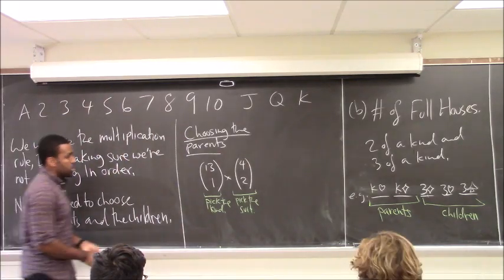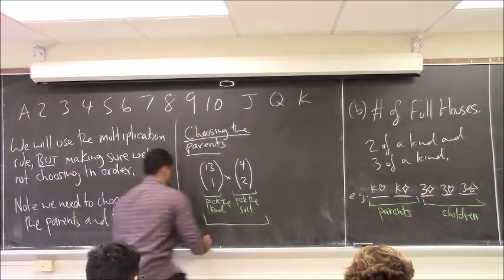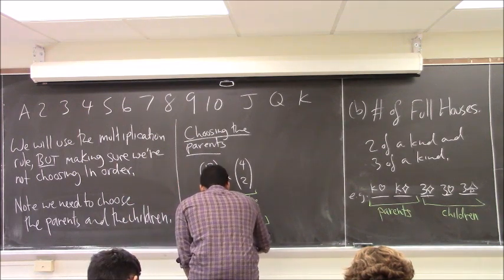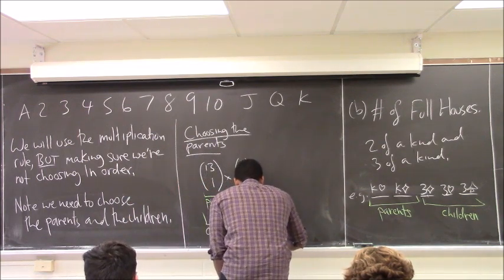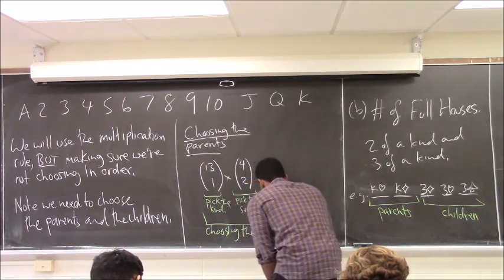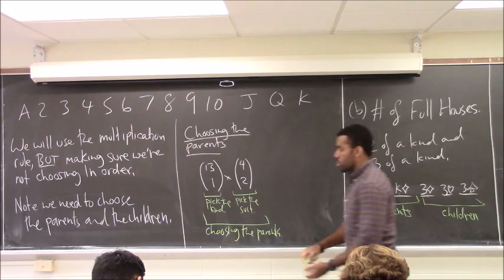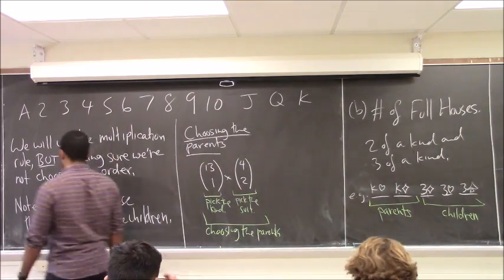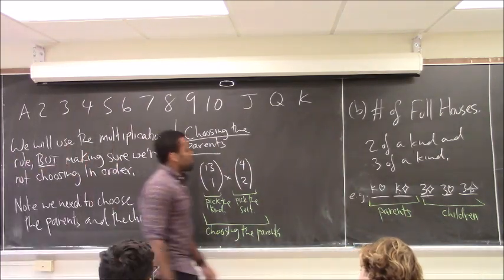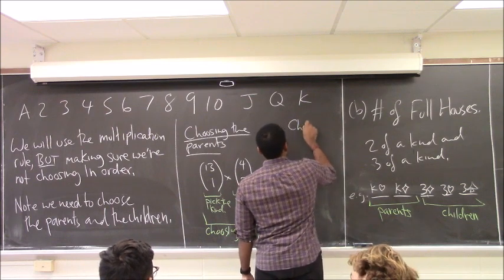And this is me choosing the parents. Choosing them via combinations to ensure that my order is not going to matter. Then you kind of go and do the same thing. Choose the children.